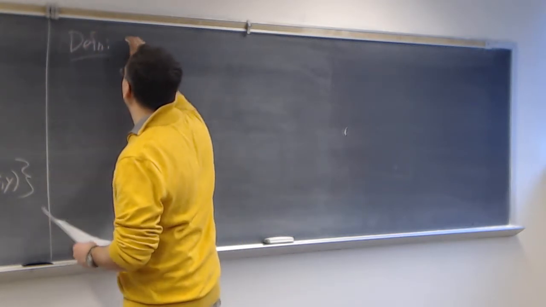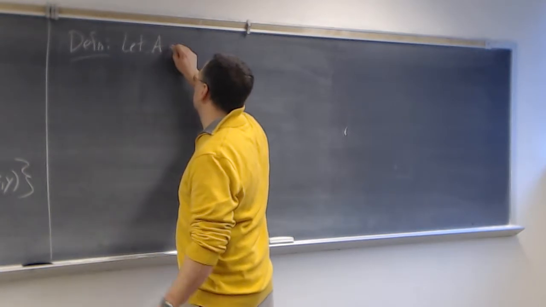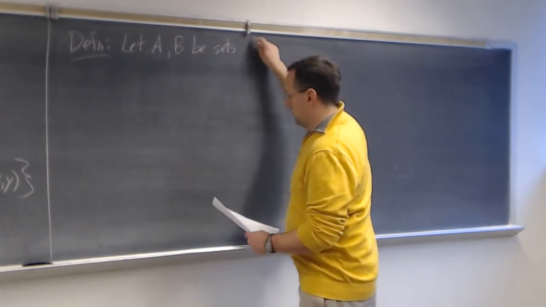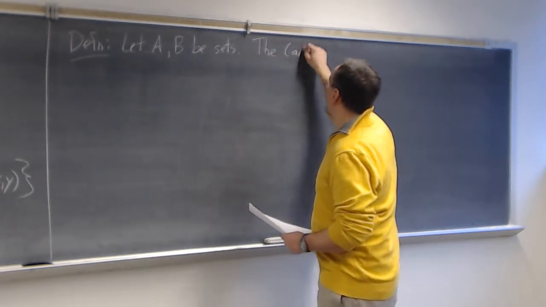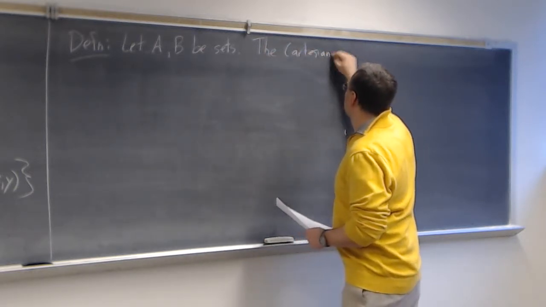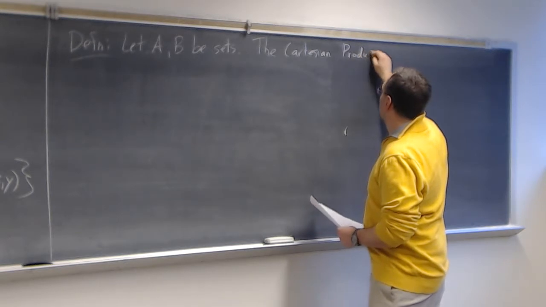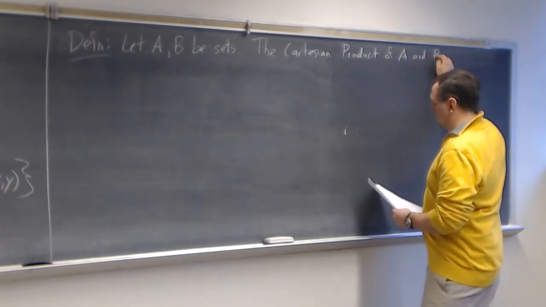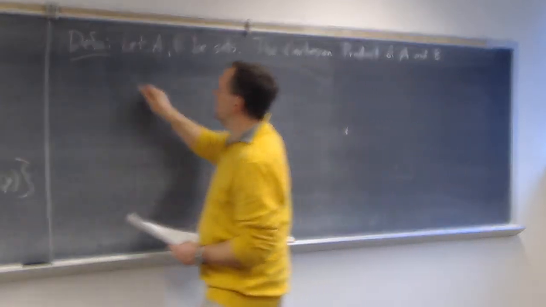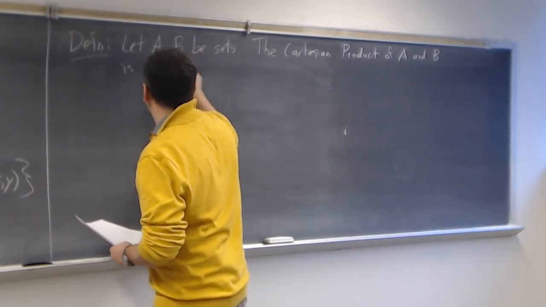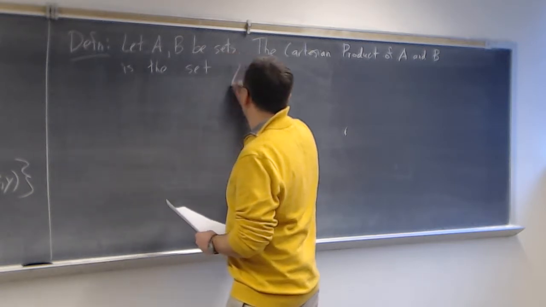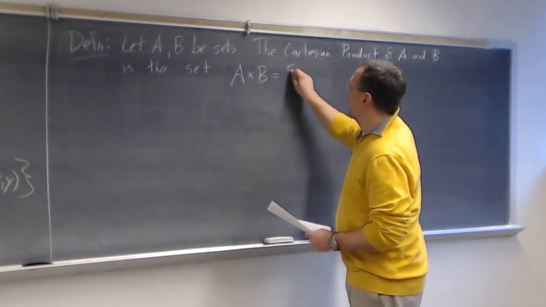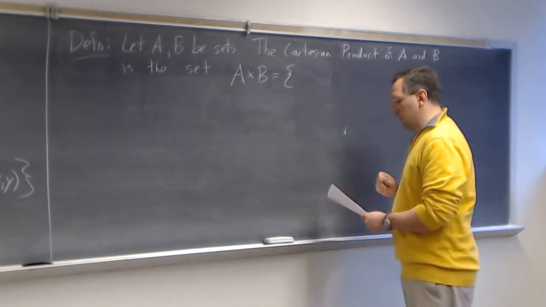Let A and B be sets. The Cartesian product of A and B is the set A cross B. What is in the set?